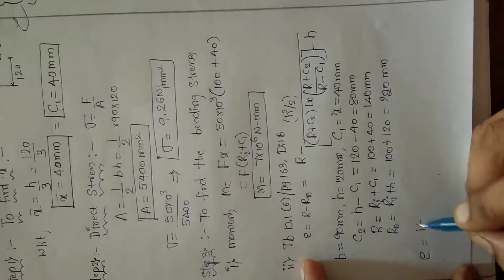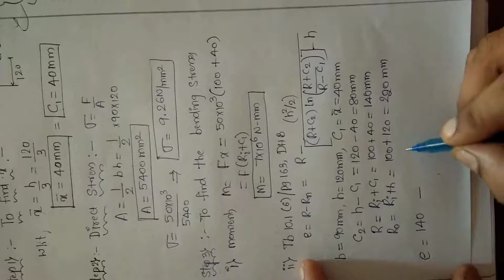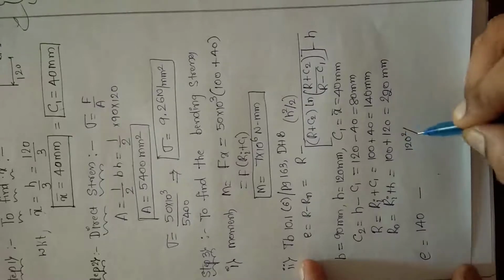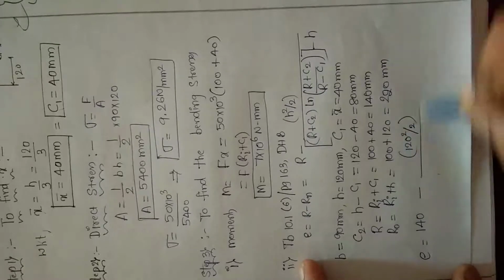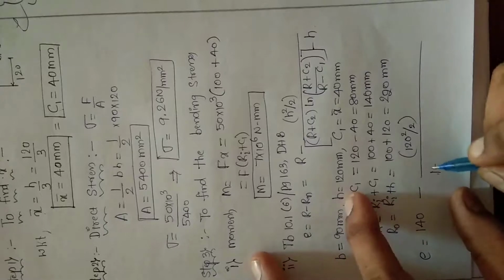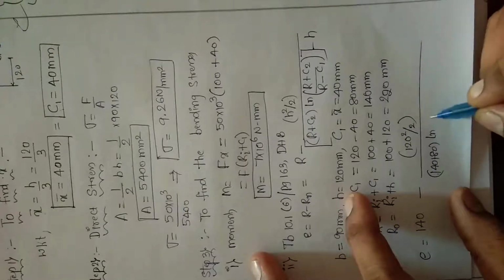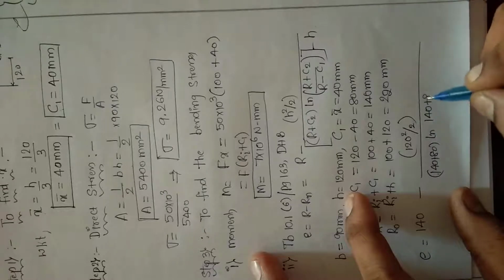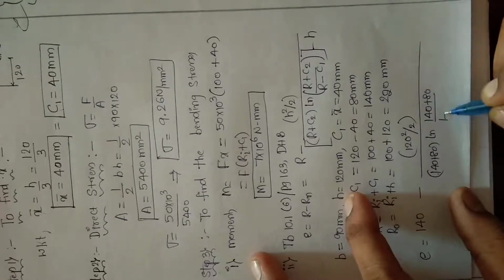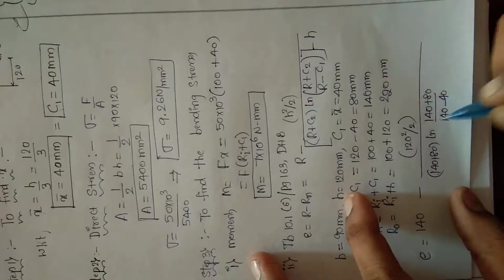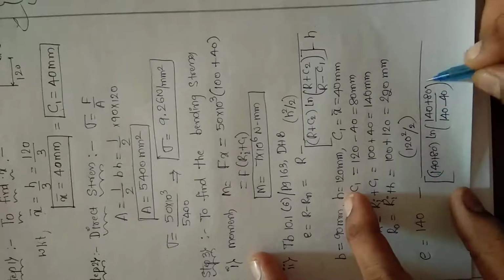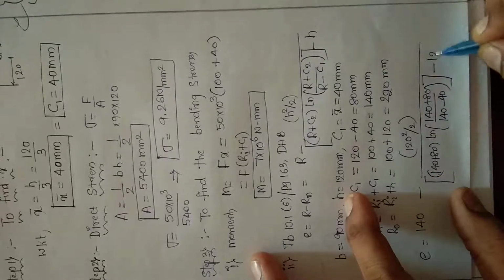E is equal to 140 minus 120 square by 2, whole divided by 140 plus 80 ln 140 plus 80 divided by 140 plus 40, square bracket minus 120.